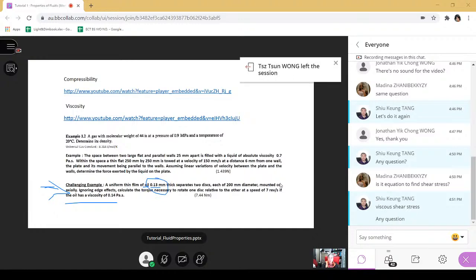Well, the viscosity of the oil is 0.14 Pascal seconds, and you are given a diameter of the disc, right? And then, most importantly, the two discs are not rotating at the same speed. One disc is moving faster than the other, and the relative rotational speed is 7 revolutions per second.